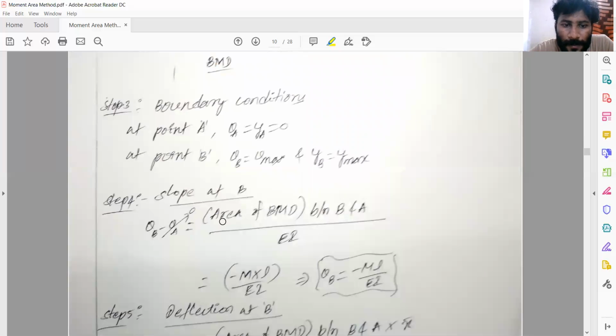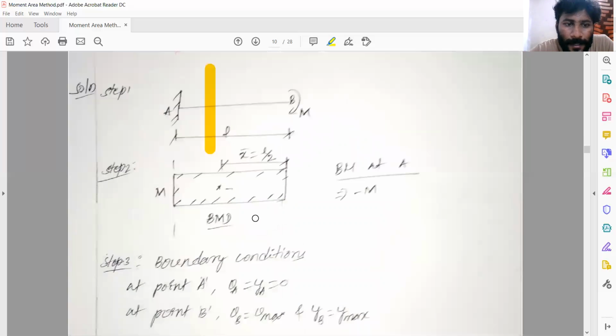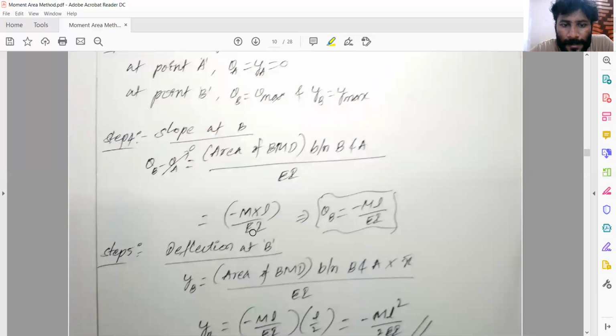I want to find the slope at B, the change in slope, theta B minus theta A. Theta A is already 0. Area of BMD between B and A divided by EI. So the area of BMD between B and A is L into minus M, L into minus M divided by EI.